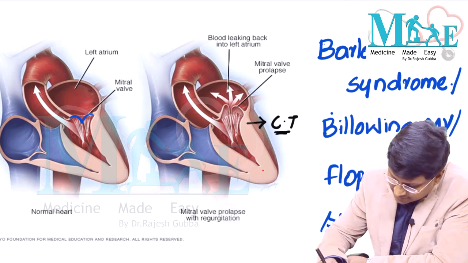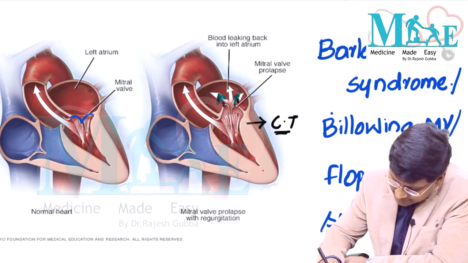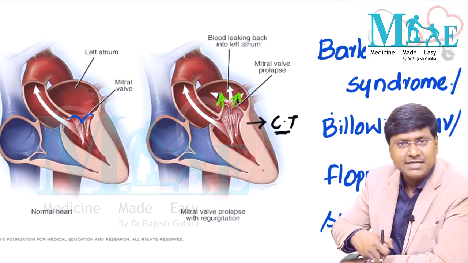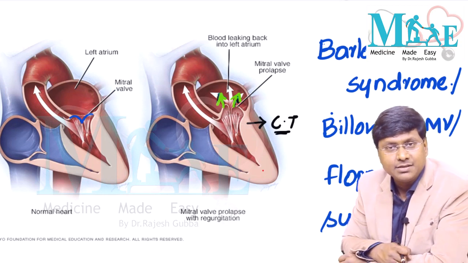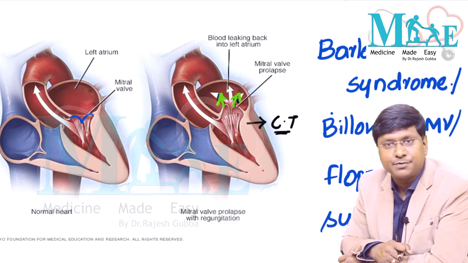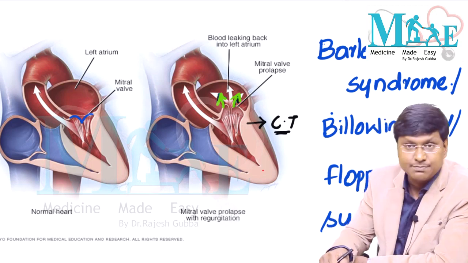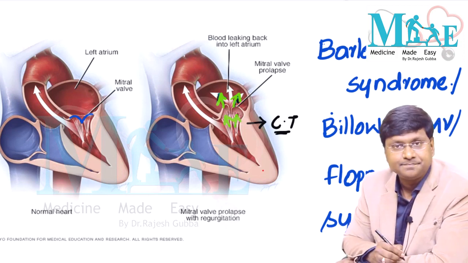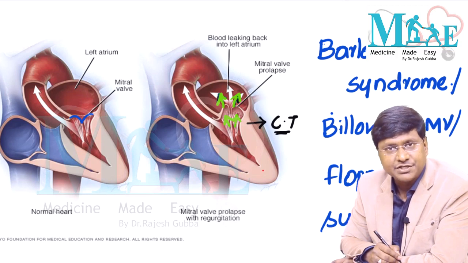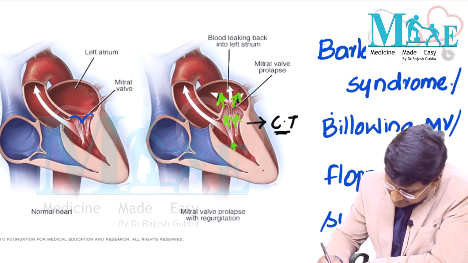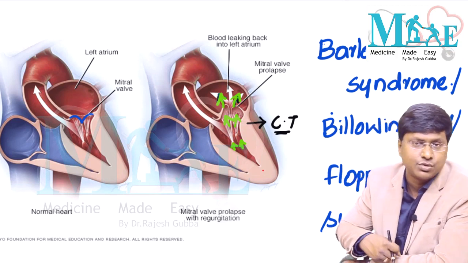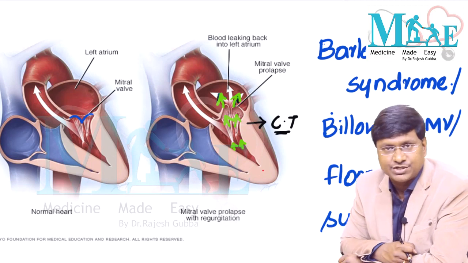Once the mitral valve is prolapsing into the left atrium, all these multiple chordae tendineae are being stretched to the maximum possible extent. And where do they give a pressure? They give the pressure to the papillary muscles. And for supporting the chordae tendineae, the papillary muscles also get maximally stretched.